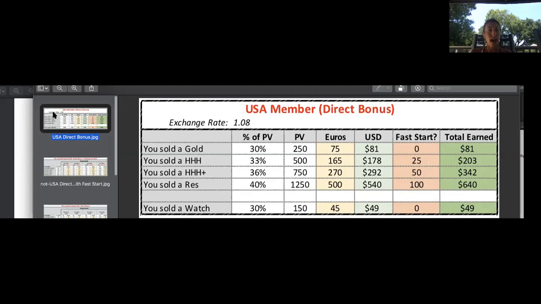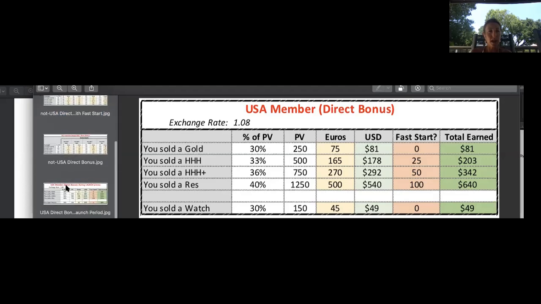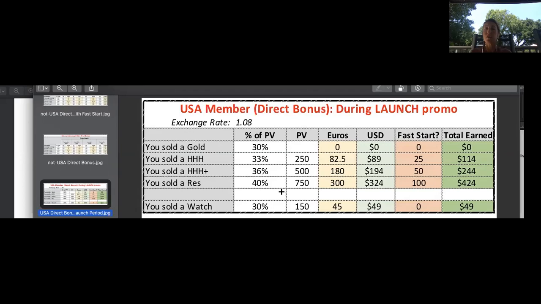Now, if we look at the other one here for the US, for the launch period, the reason I'm going to explain this, even though our launch period has passed, is that this concept applies as we go into every other country. There's always an initial launch period where they offer the ability to purchase the next higher model for the price of the previous model.